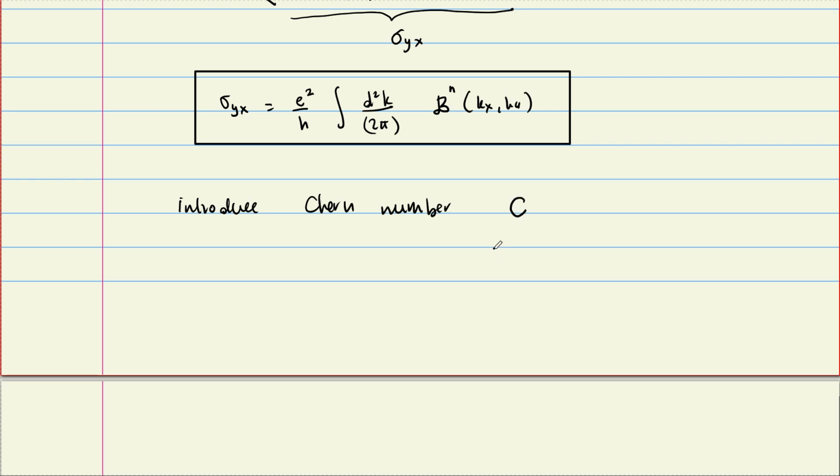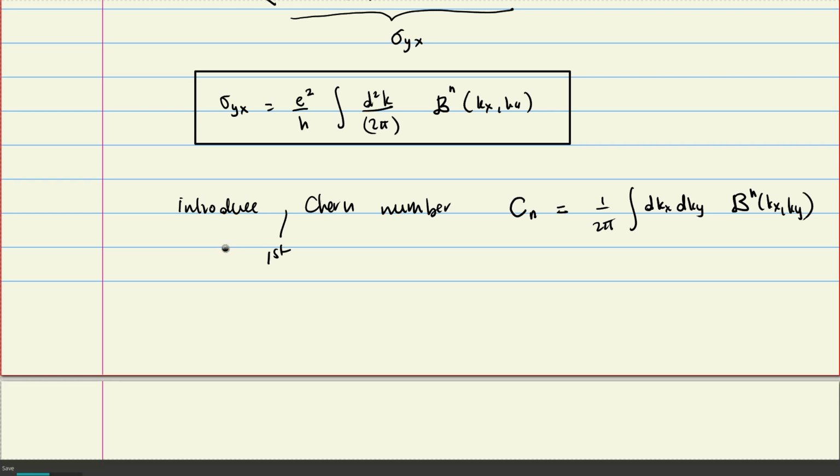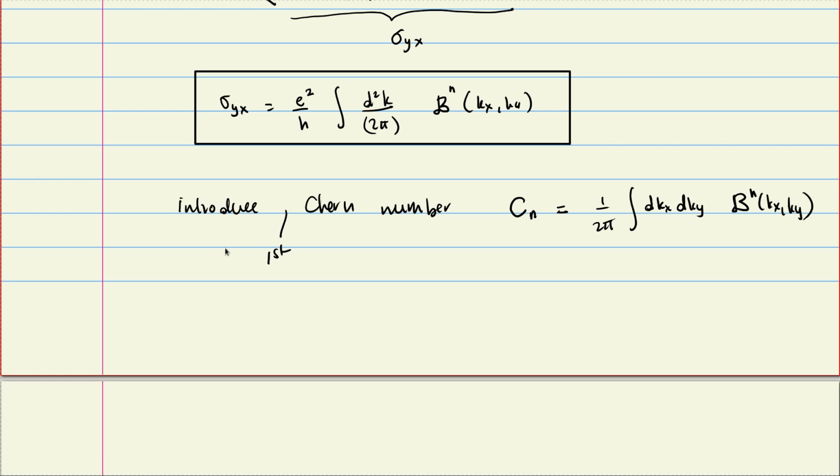So this is C for Chern, and it is going to depend on the band index, C_n, and it is given by this integral: 1 over 2 pi, the integral of dkx dky, B_n(kx, ky), and this is actually the first Chern number. There are other Chern numbers, but for this particular case, the first Chern number applies. Now I want to calculate this.